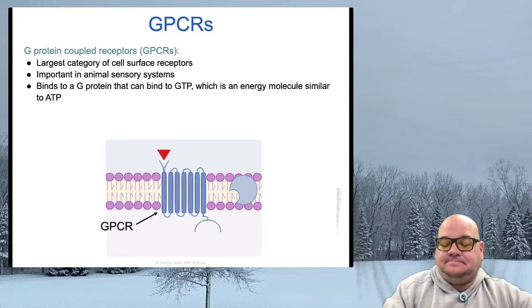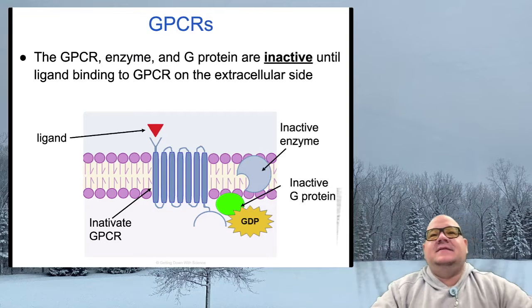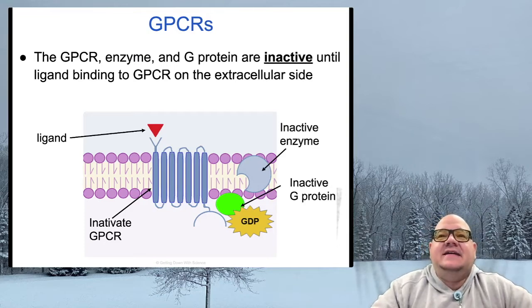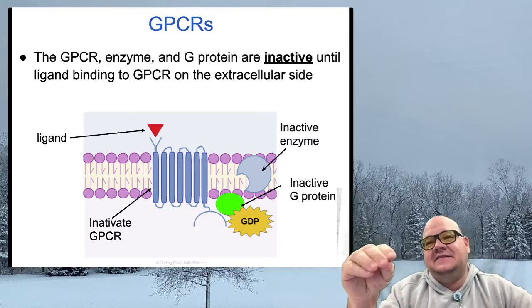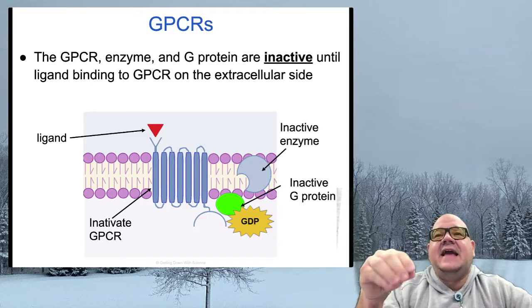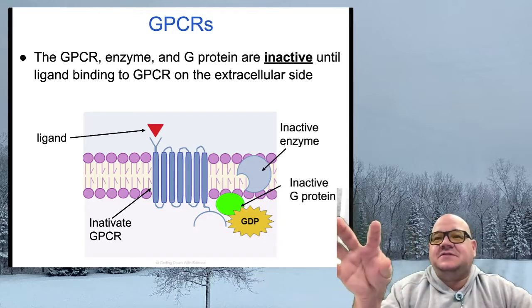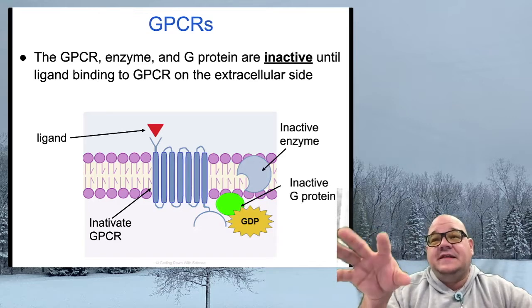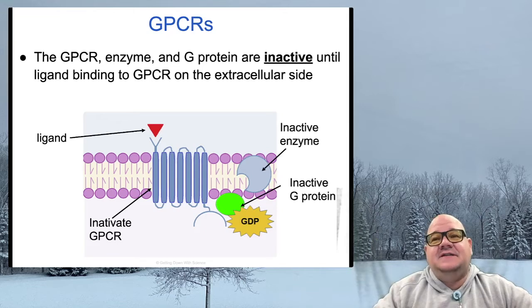All right. So what happens, okay? There's a GPCR enzyme and a G protein that stay inactive until the ligand binds to this extracellular site. Okay, so this picture right here, pay attention to this, especially look for that little green oval there.